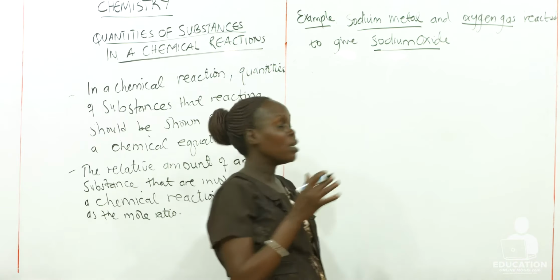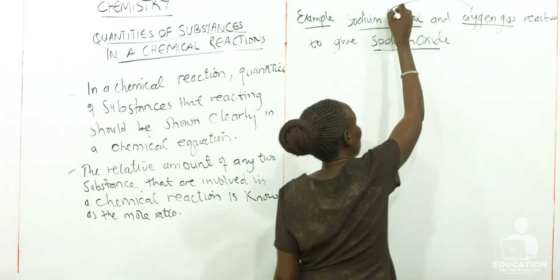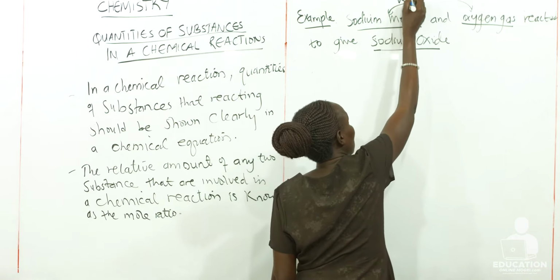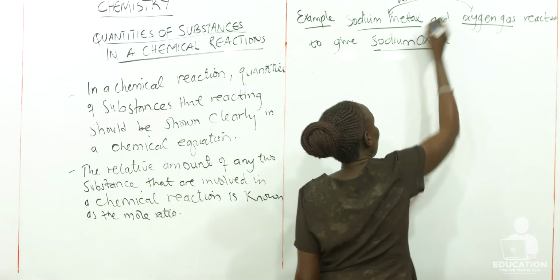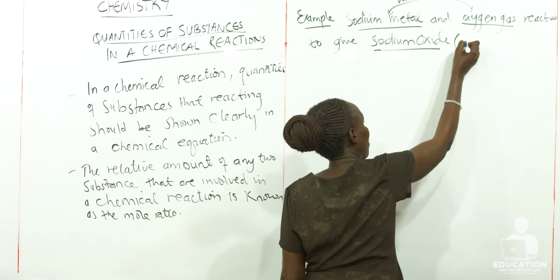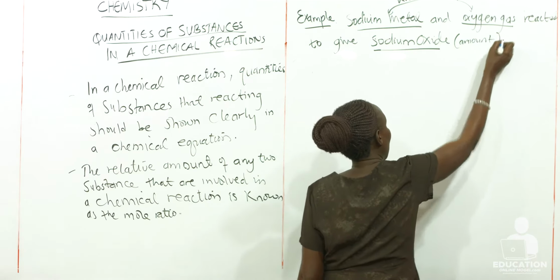So the various amounts of these two substances will give us the amount for the products.